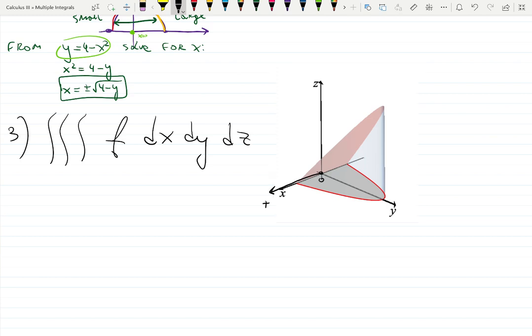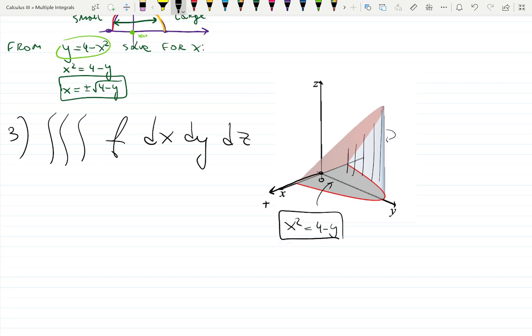So this is 0, and then back to the back, it's negative. From smaller part to larger part, x is still changing from this part in 3D, this part of the parabola, to this part of the parabola, but now it's still coming from the same equation, basically, even though it's from this type of wall to this type of wall. And this equation is x squared equals 4 minus y.